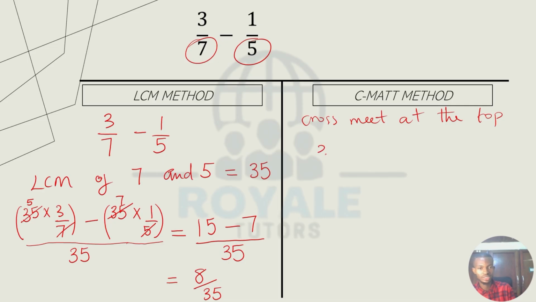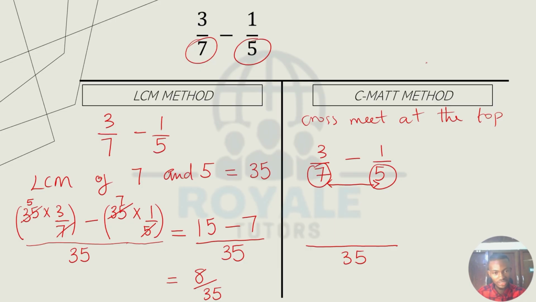We say that 3 over 7 minus 1 over 5. So what do we do? We put an arrow to the two denominators, they multiply. You can see the first arrow, 7 and 5, the two denominators. So this multiplies by this, gives us our denominator, which is 35.